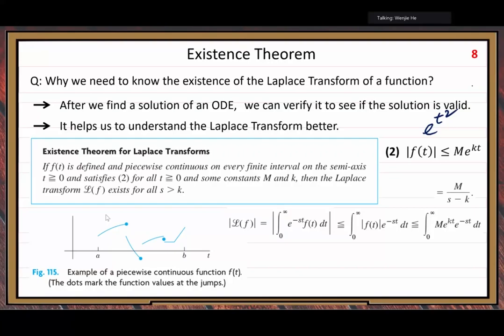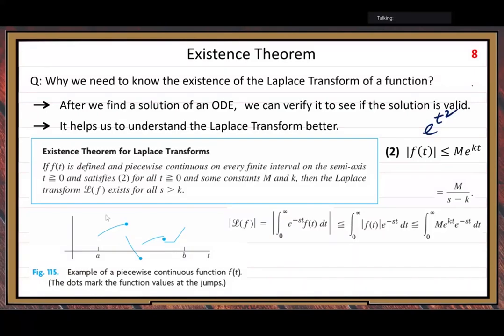That means the Laplace transform of little f is controlled by some function, so it does not diverge. This inequality tells us the integral exists.